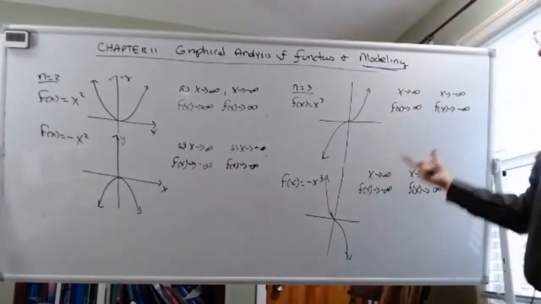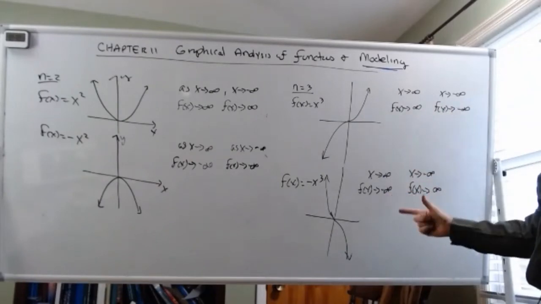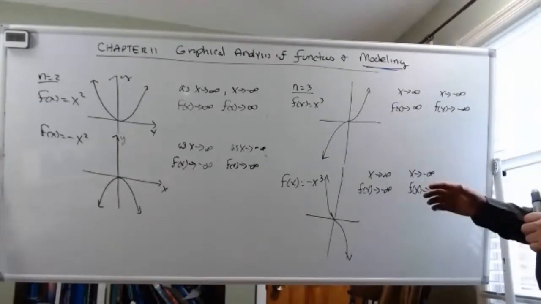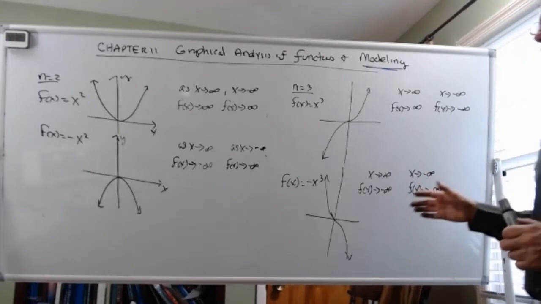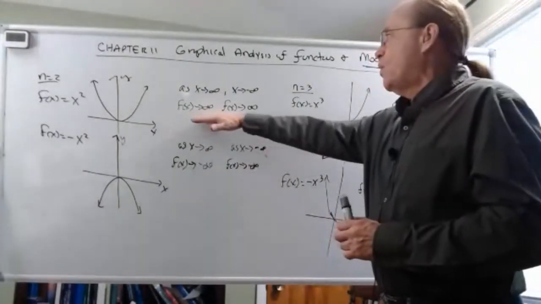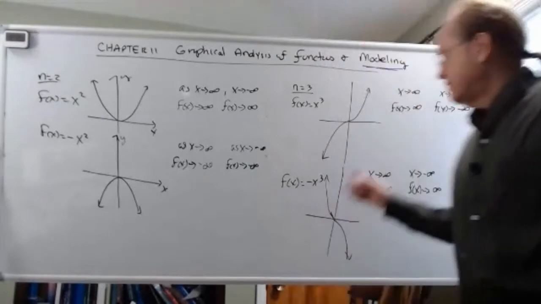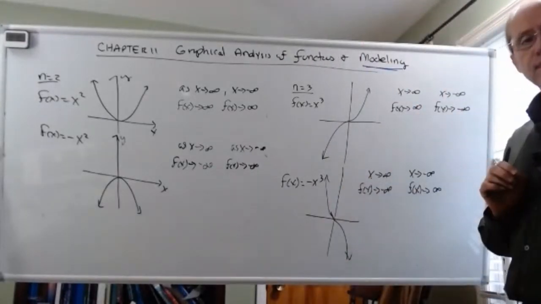If n is odd, plus and minus infinity, minus and plus. They do opposite things. So the end behavior is different for even and odd functions. So that's the important thing. The end behavior, if it's even, they're either both going to plus infinity or they're both going to negative infinity. If it's odd, one is going to positive infinity, one is going to negative infinity.